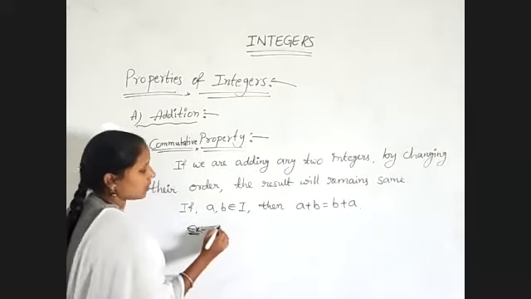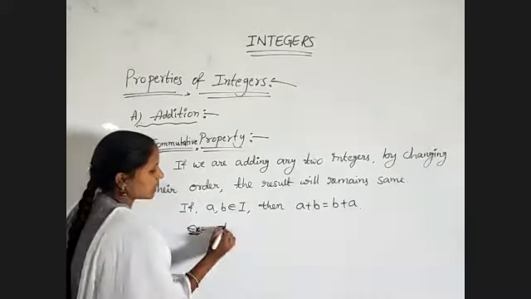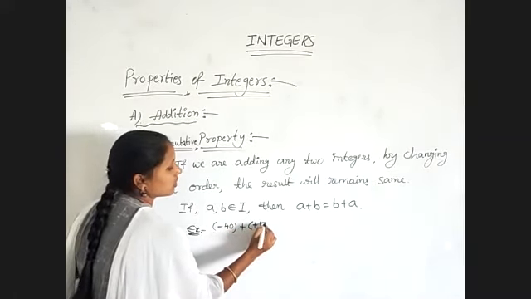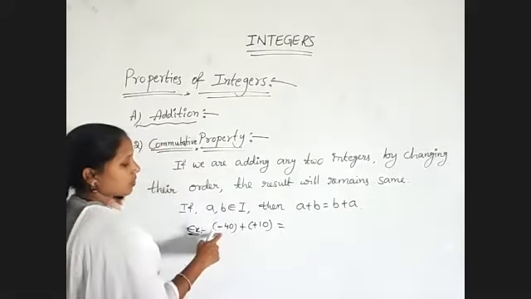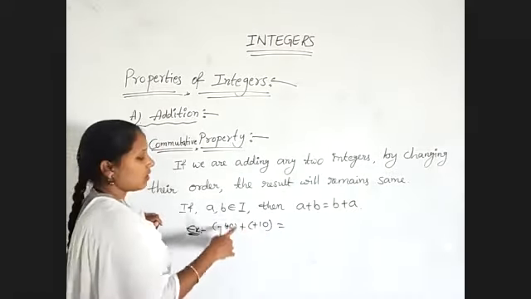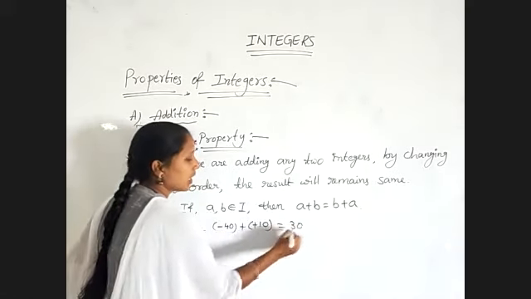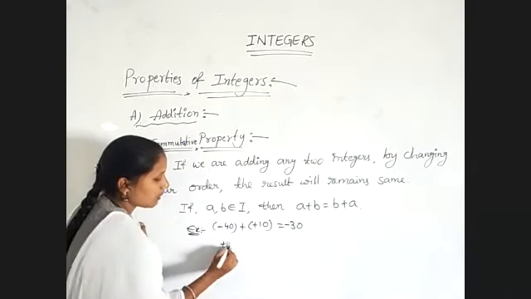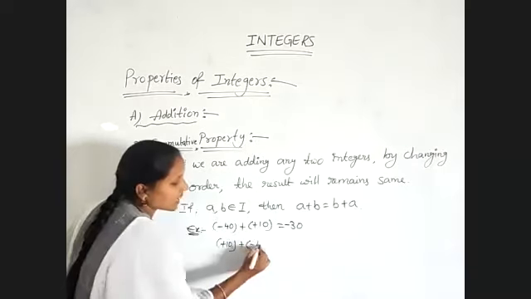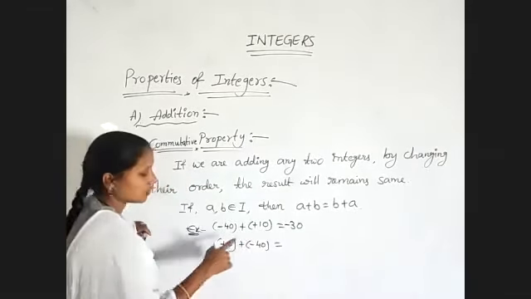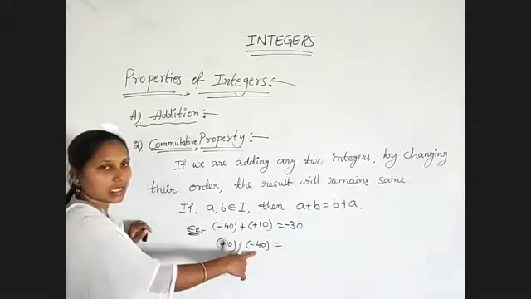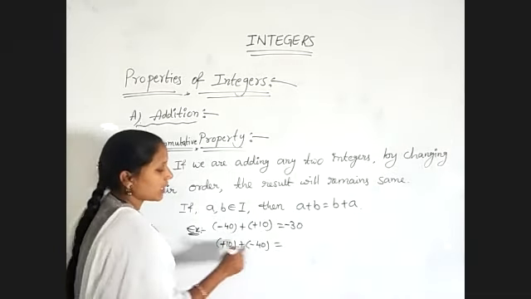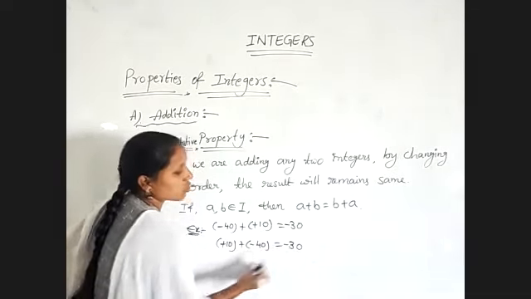If I have taken -40 plus 10, it is minus plus, so subtraction. 40 minus 10 is equal to 30, and 40 has a negative sign, so -30. Now change the order: plus 10 plus -40, which is plus and minus, unlike integers, so go for subtraction. 40 minus 10 is 30, and 40 has the minus sign, so -30.